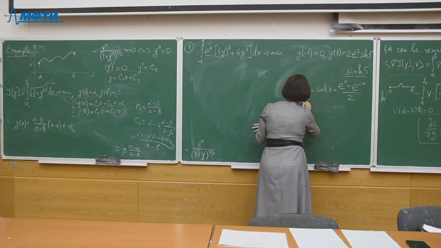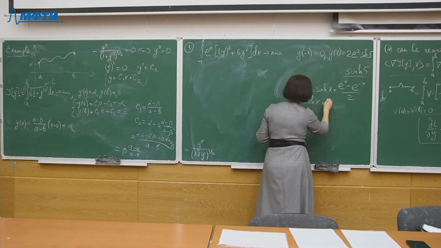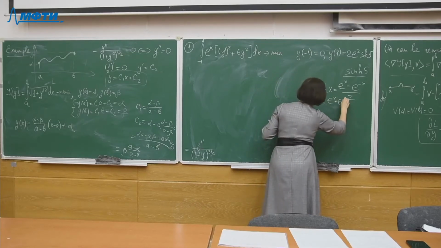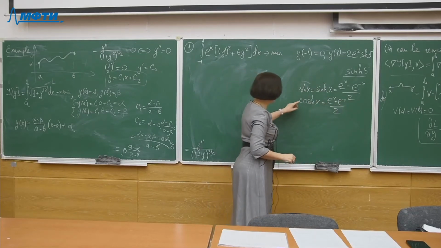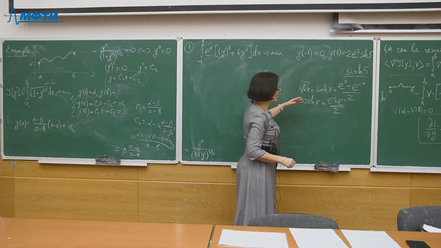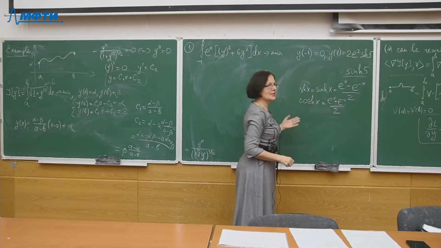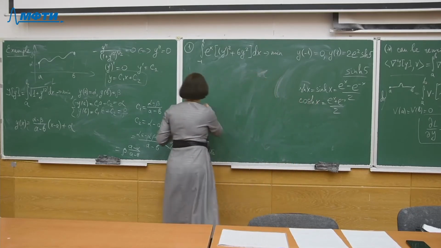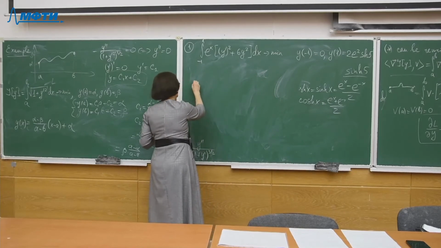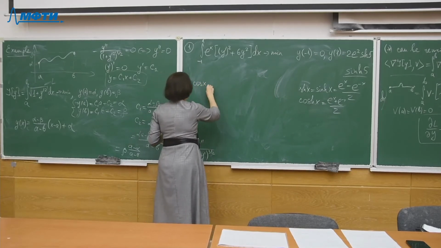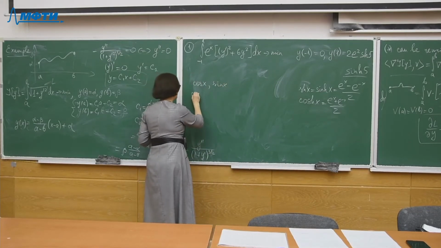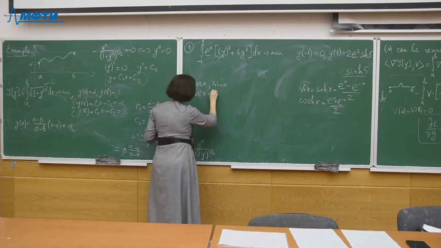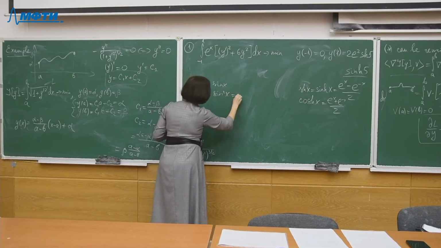If we consider cosh x, e to x plus e to negative x over 2, these two functions look like our trig functions or circular functions. If you know circular functions cos x and sin x, they satisfy the property: cos squared x plus sin squared x equals 1.